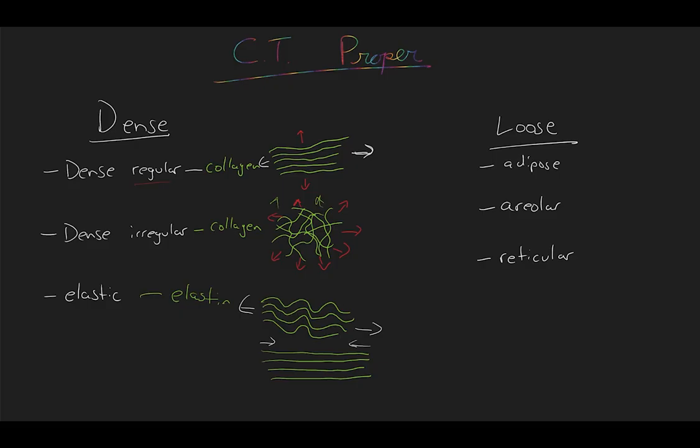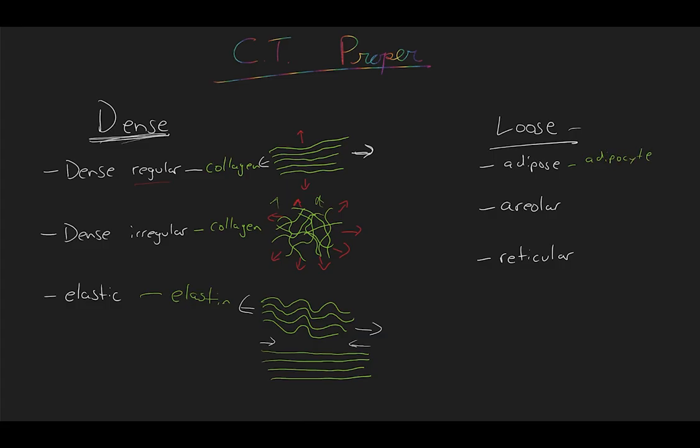Now, your dense connective tissues are called dense because the fibers are densely packed together, so there's not a whole lot of open space between them. In loose connective tissue, those fibers are widely spaced out. Our adipose tissue's main cell type is something called an adipocyte, which stores triglycerides.